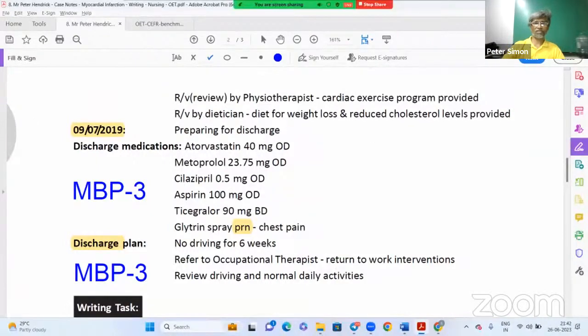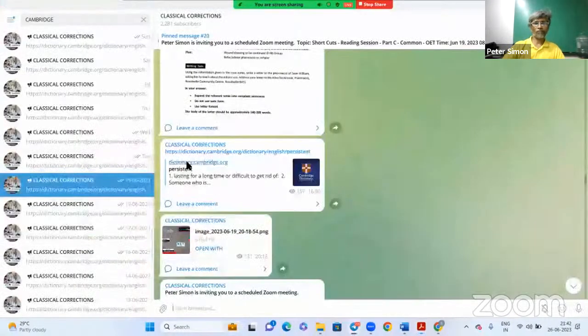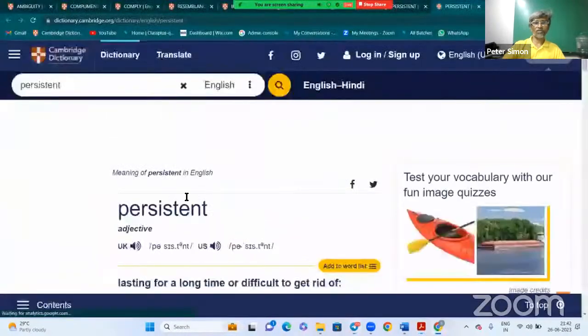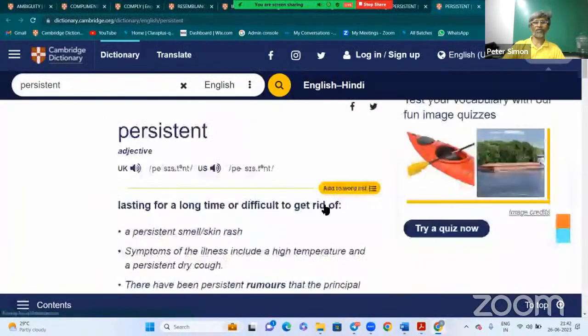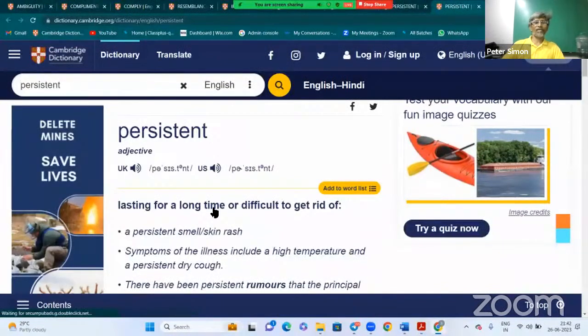Let us take the word persistent. Lasting for a long time or difficult to get rid of. Okay. In case of persistent chest pain, or if chest pain persists, the spray is recommended as required, according to requirement.